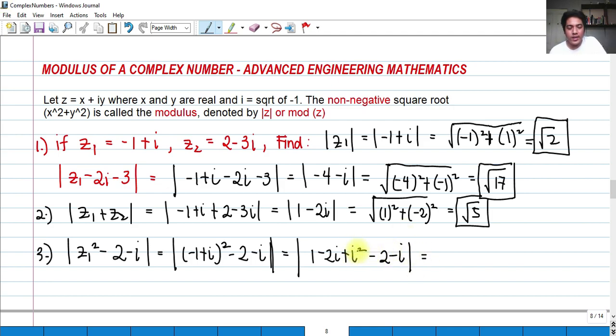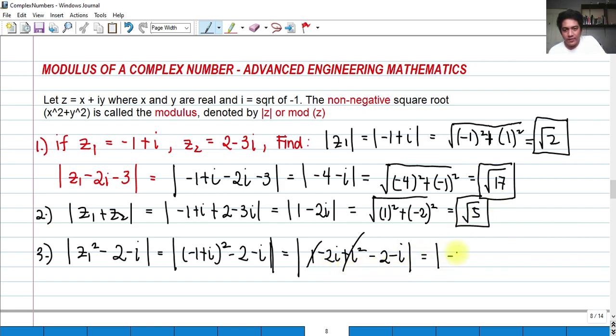We know that i squared is equal to negative 1. So 1 minus 1 is zero, and these will cancel. So we have negative 2i minus i, and then we have negative 2.